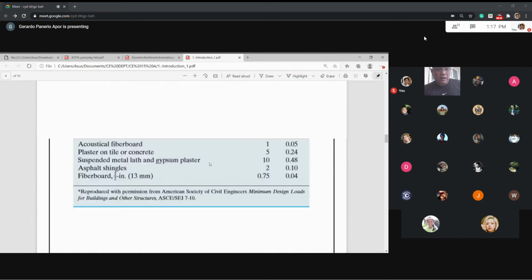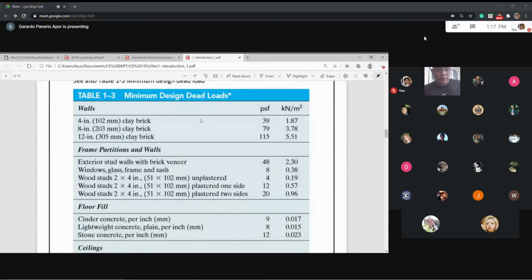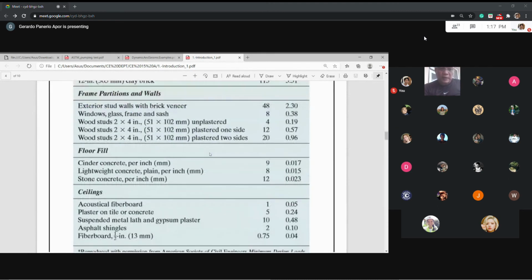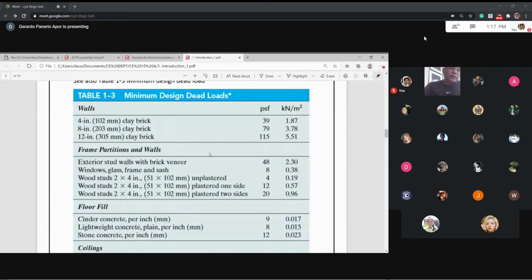Most of these loads are found in the National Structural Code of the Philippines, NSCP. So I will refer you to the National Structural Code of the Philippines, and the tables of dead loads. It is not limited to these.